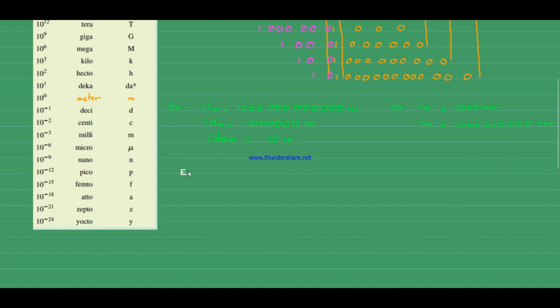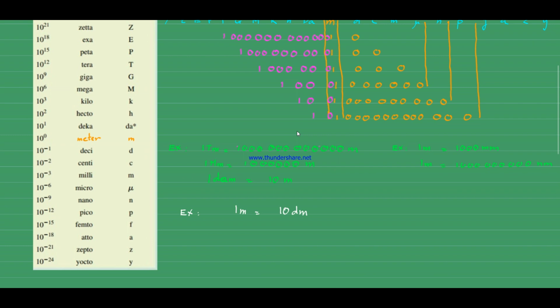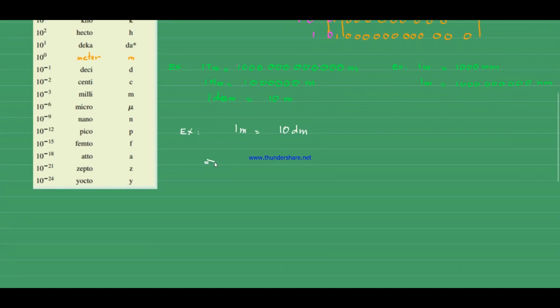Now, for example, what if I have the relation: 1 meter? We know 1 meter is equal to 10 decimeter. Okay, so this is one relation, a relation between meter and decimeter in our metric system. Now from this relation we can get conversion factors.